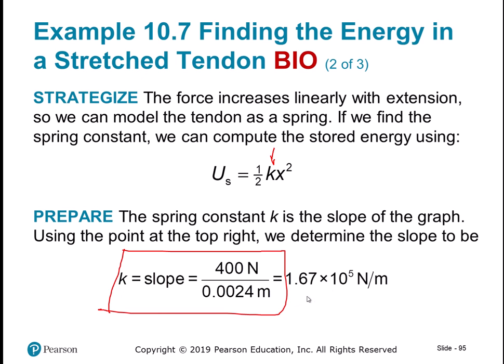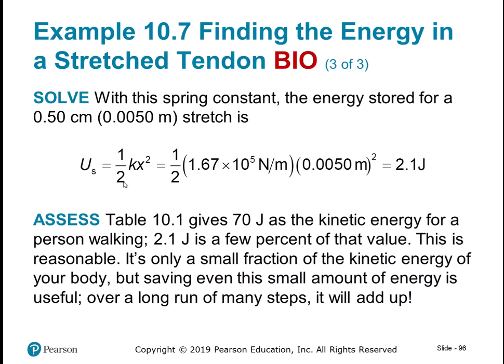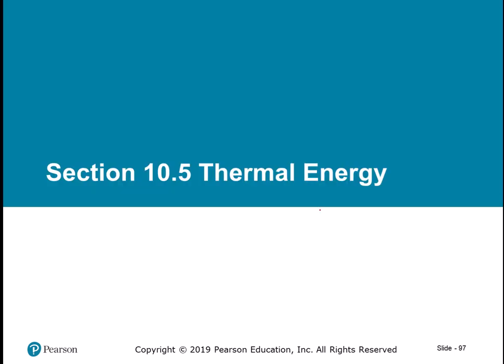And that gives us a number there. When we solve for that and plug it back into the potential energy, just plug and chug, we get 2.1 joules of energy stored. So that's not a tremendous amount of energy for each little flexion, but it does add up over a long run, as you runners know.